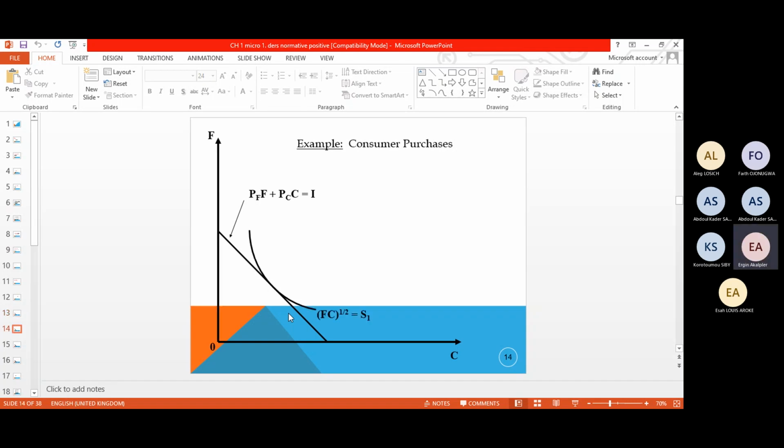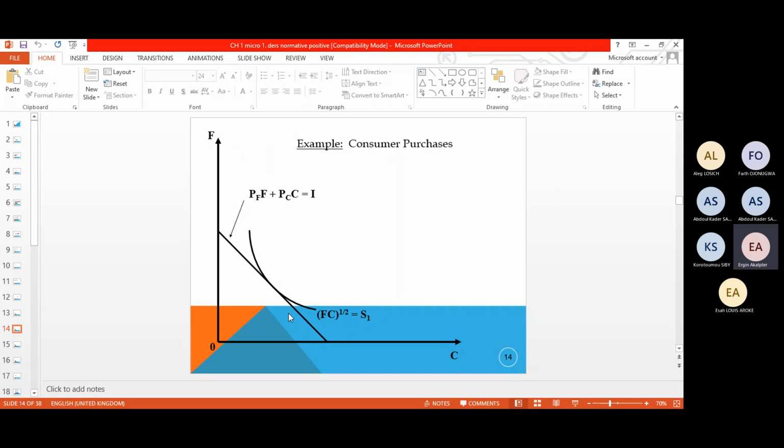Okay. Then when we put the indifference curve on this budget line, I suppose you know what an indifference curve is, and it is supposed to be tangent to this budget line.